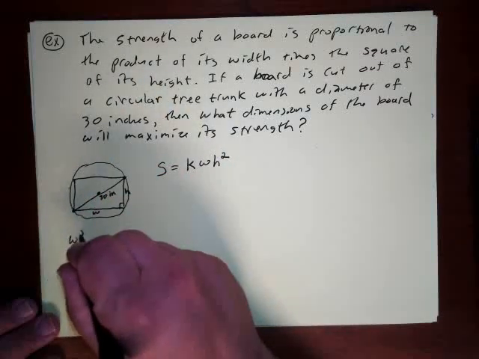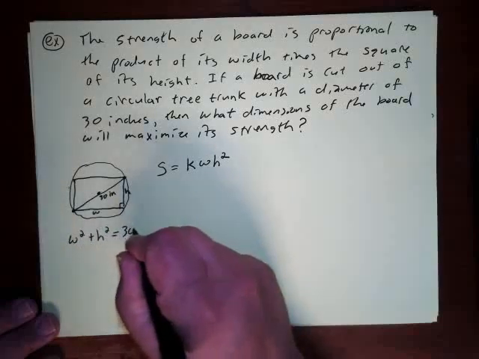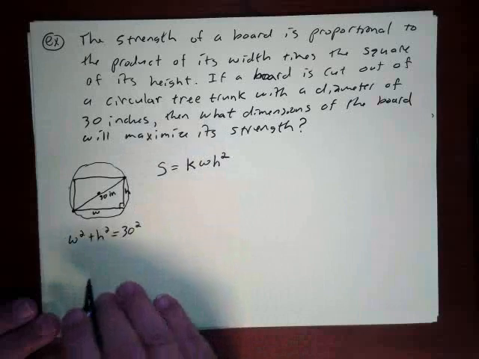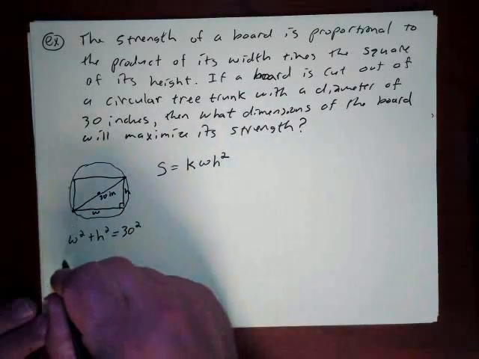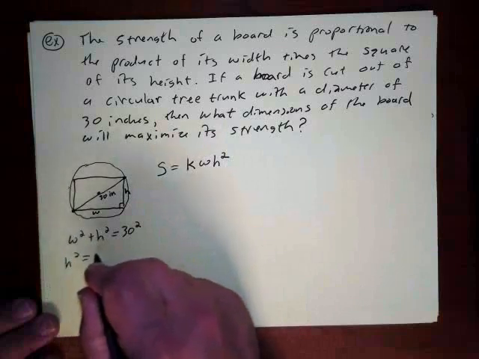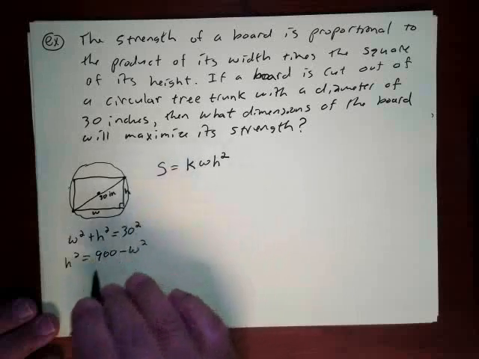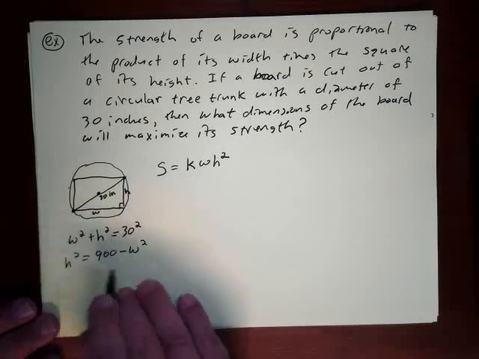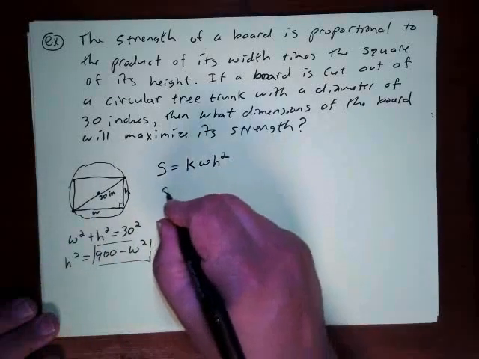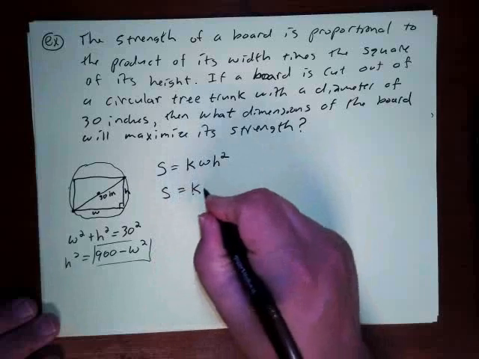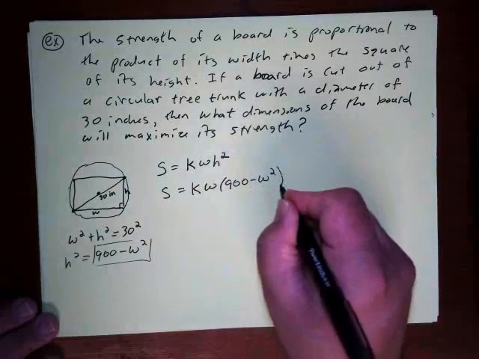So W squared plus H squared is equal to 30 squared, right? I'm going to solve this for H squared. 30 squared is 900, so H squared is 900 minus W squared. I can plug this whole thing in for the H squared. So I get S equals kW times 900 minus W squared.